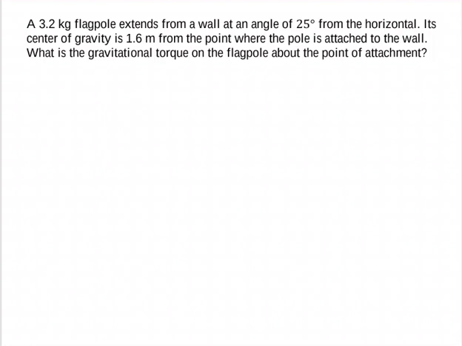So we have the wall, and then we have the flagpole at an angle of 25 degrees from the horizontal. Here is the horizontal, and 25 degrees up might look something like that. Maybe there's a ball at the end of it. Here's our flagpole, 25-degree angle right here.